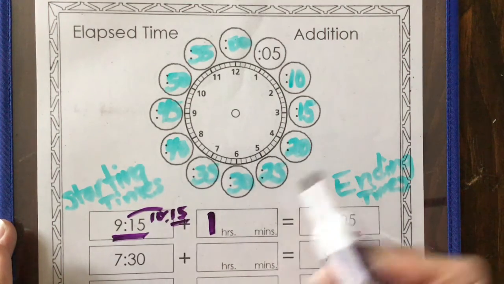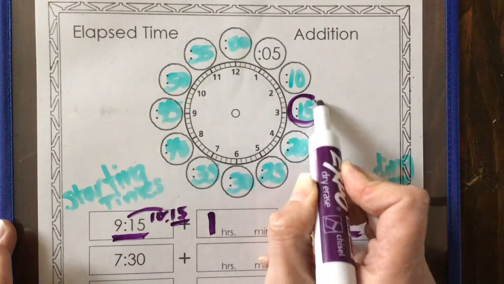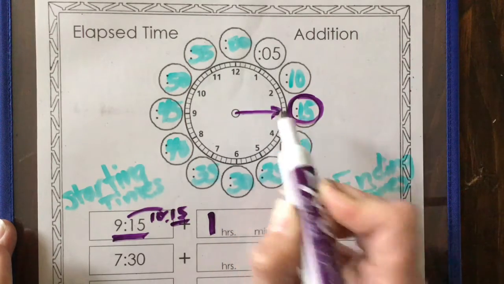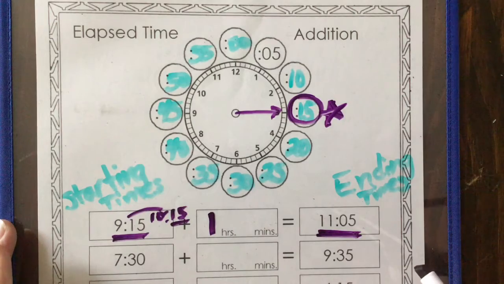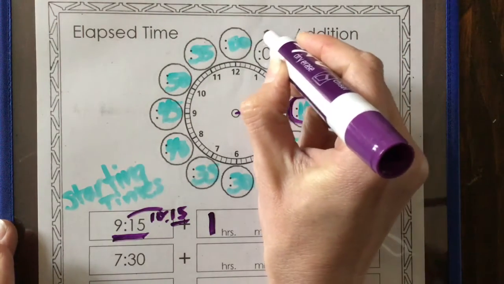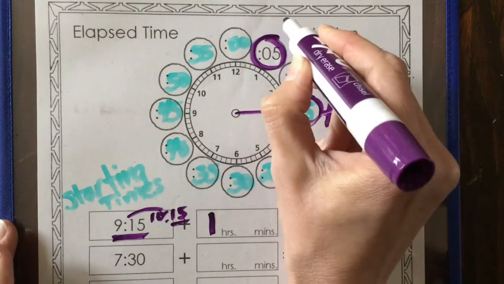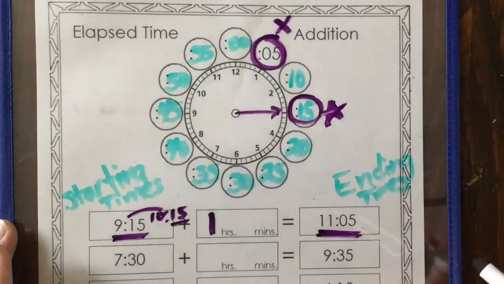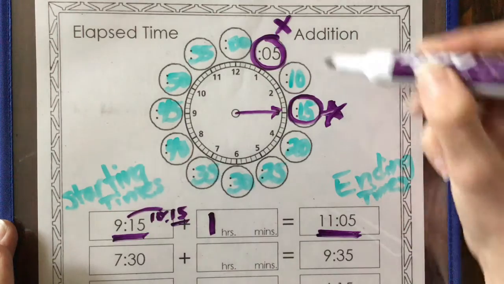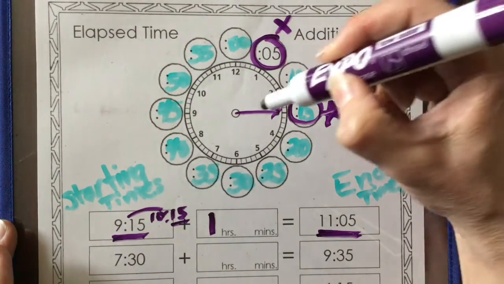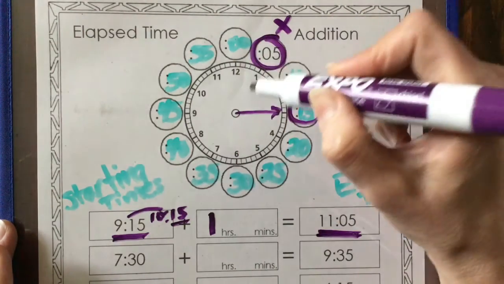So if we look at our minutes here at 10:15, and here's the 15, our minute hand would be on the 3, and that's where I'm going to start counting my minutes. And I'm going to stop counting my minutes at the 05, at 11:05. So remember, we put a star by where we start and an X where we stop, and we always go clockwise.